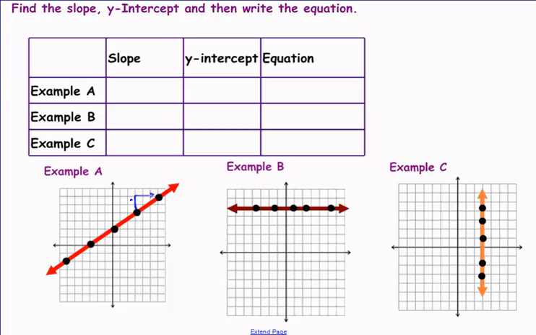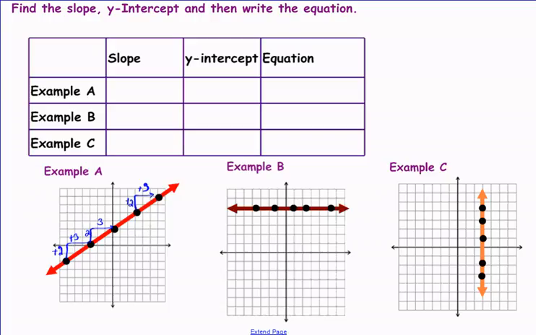I'm going to go up 2 and right 3. Linear equations have constant slope. It means the slope is always the same.